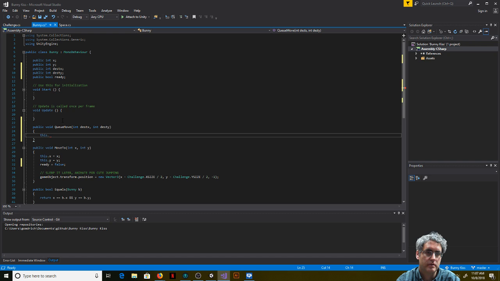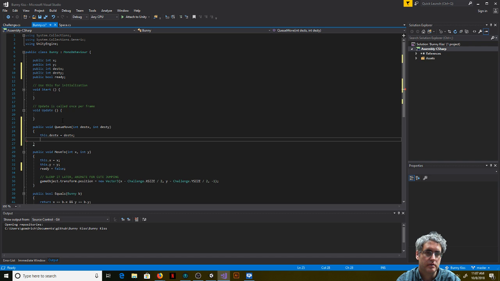This dest x equals dest x. This dest y equals dest y. And we're just going to say move. Let's fix that. Dest x, this y equals dest y.